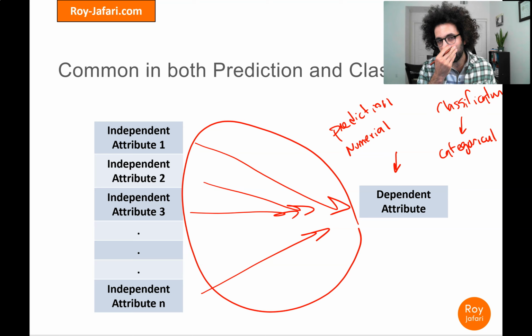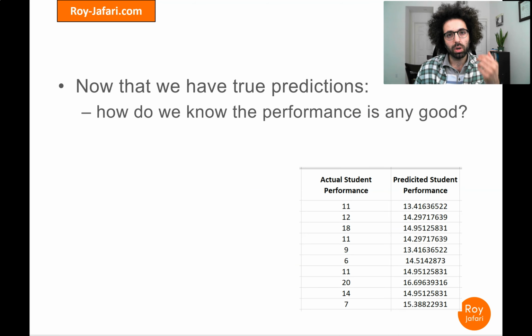Fundamentally we would go about evaluating classification and prediction the same way. At the end of the day, we would come to a prediction and we would also have the actual for the test set. By finding the similarity between the actual and the prediction, we could have some sense of how well our algorithm was doing on the task of prediction or classification.